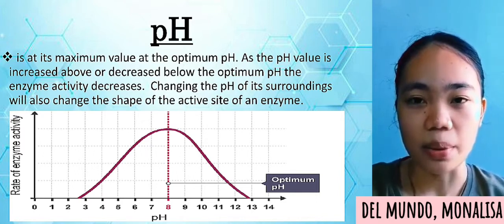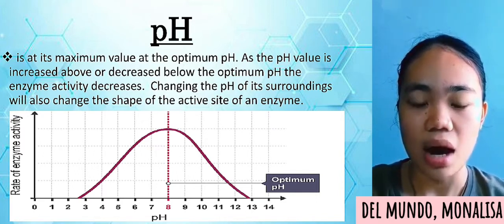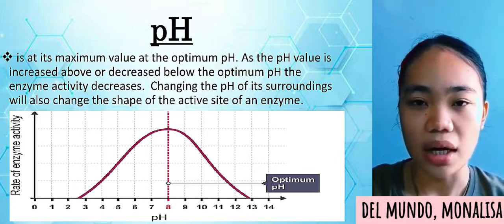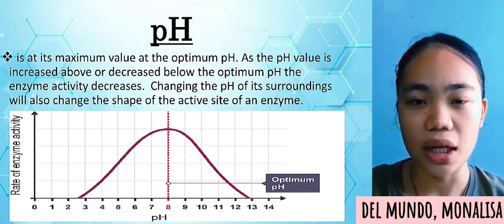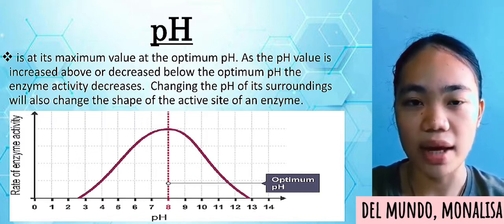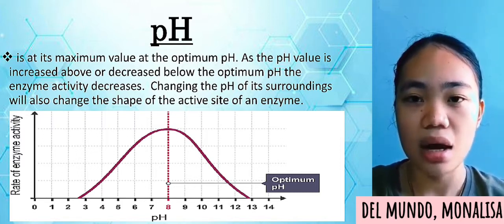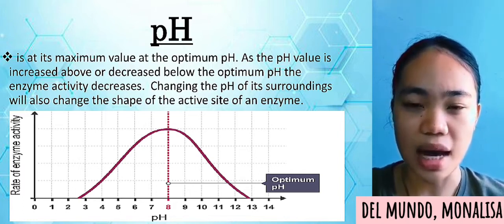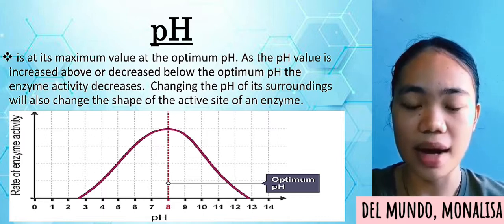For example, pH can affect the ionization states of acidic or basic amino acids. There are carboxyl functional groups on the side chain of the acidic amino acids. There are amine-containing functional groups in the side chain of basic amino acids.